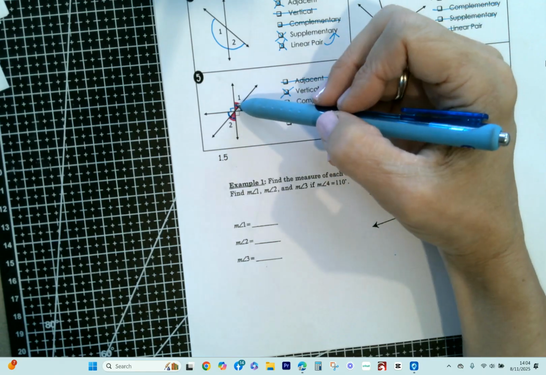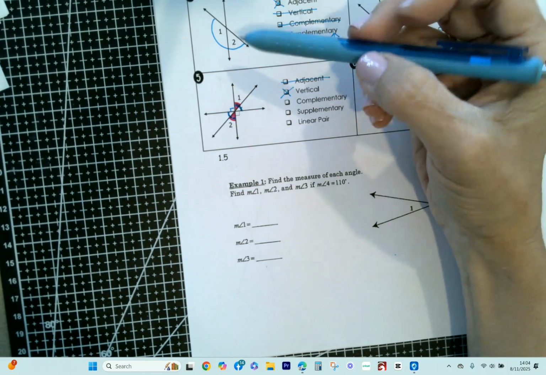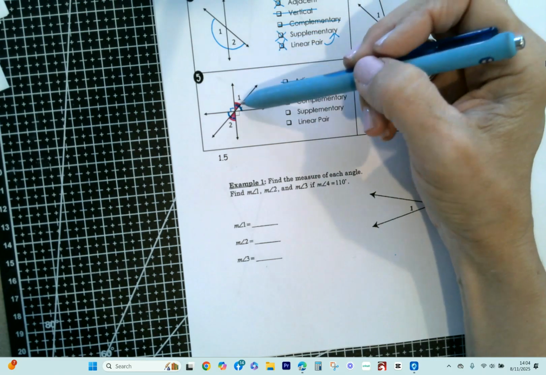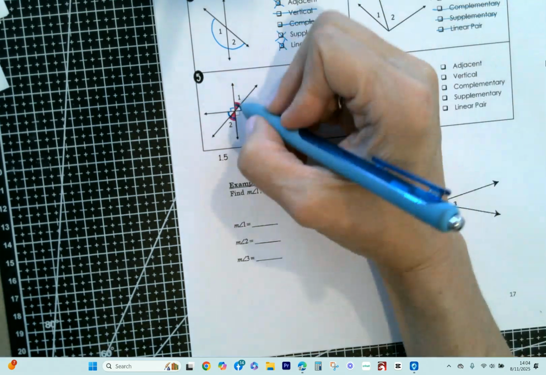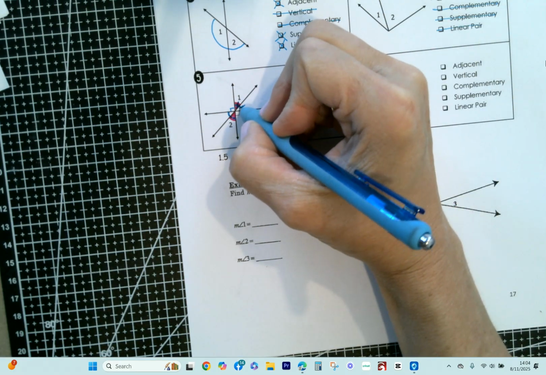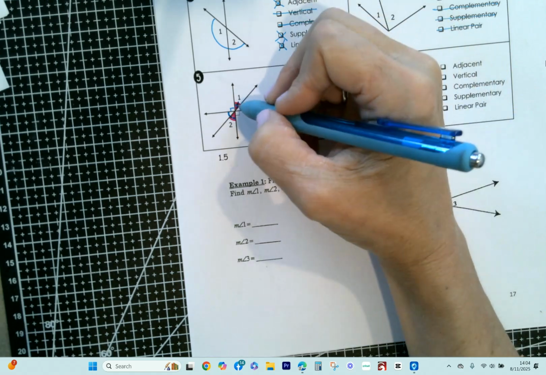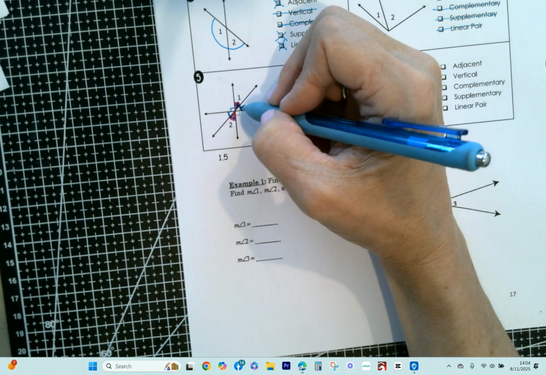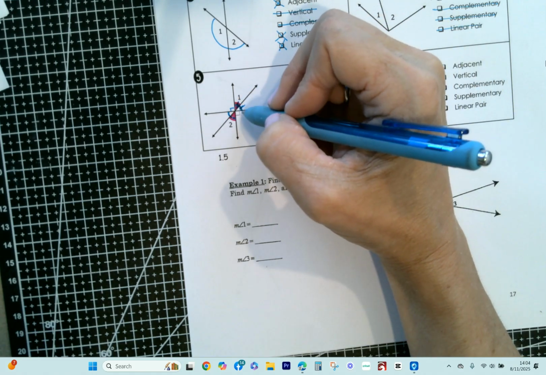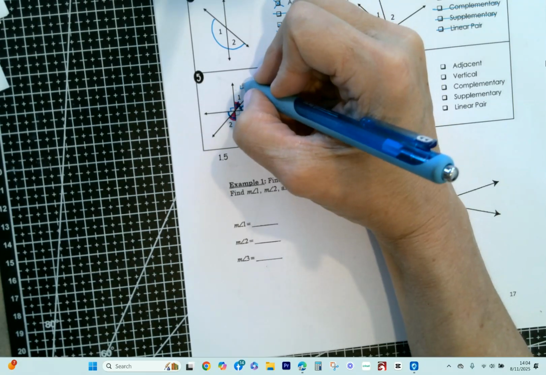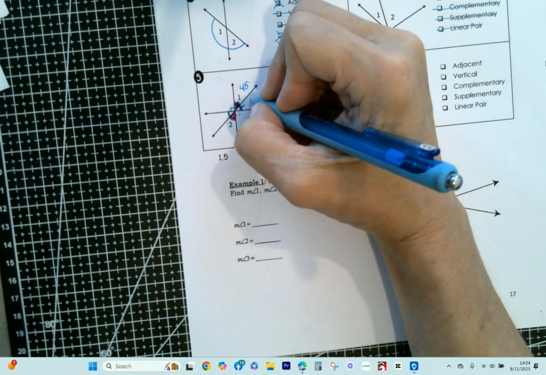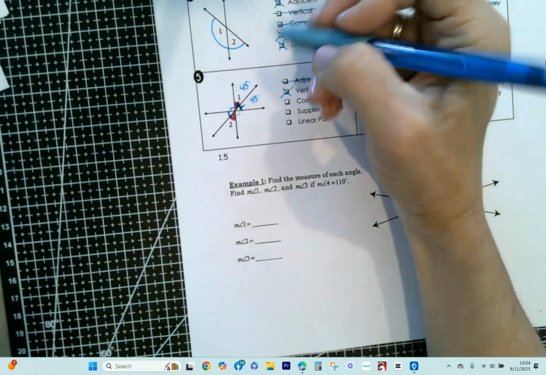Let's think about this. If there's a line here and a line here, then those two are the same size. Well, if that's 90, then all of this is 90. So this has to be 45 and this has to be 45.